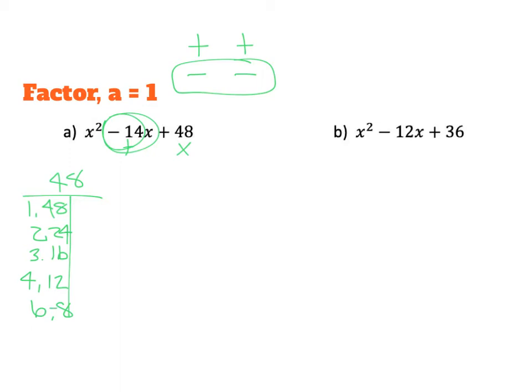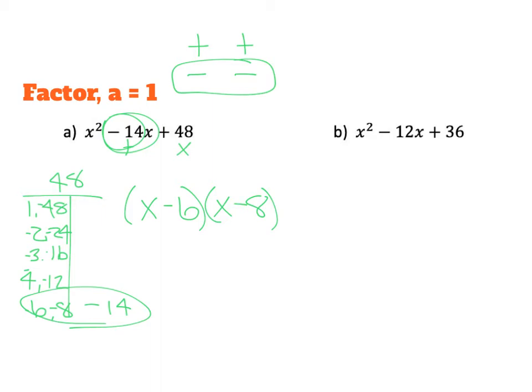So if I make all these numbers negative, what combination, when we add them together, will give us that negative 14? That would be negative 6 and negative 8. So I'd have x minus 6 times x minus 8. Now, the order in which you write this does not matter. You could have x minus 8 times x minus 6, and that would still be correct.